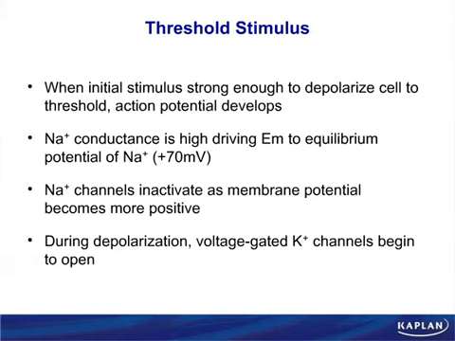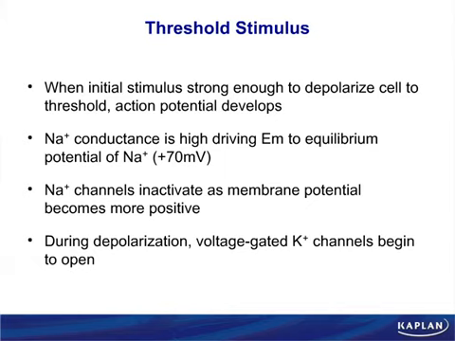Remember, a depolarization opens sodium channels, and as sodium channels open, it causes a further depolarization, which opens more sodium channels, which causes a further depolarization, and that's the positive feedback cycle that we discussed on a previous slide. So threshold represents that we get a critical mass of fast sodium channels opening, and we just turn on this positive feedback cycle: opening sodium channels, increasing conductance, depolarization, opening more sodium channels, further depolarization, etc.